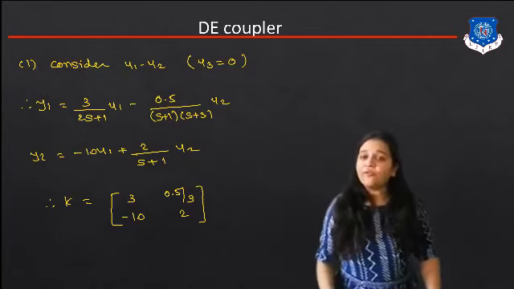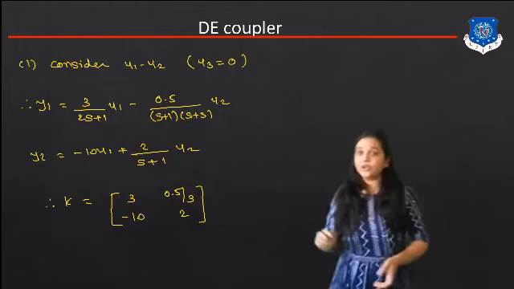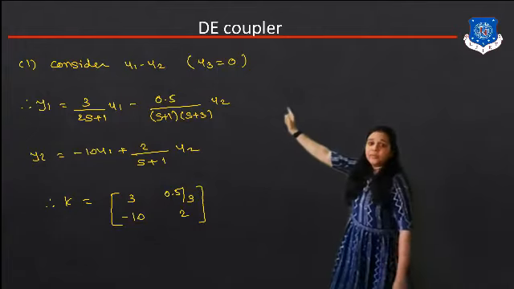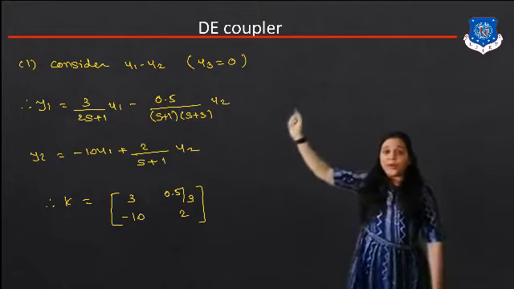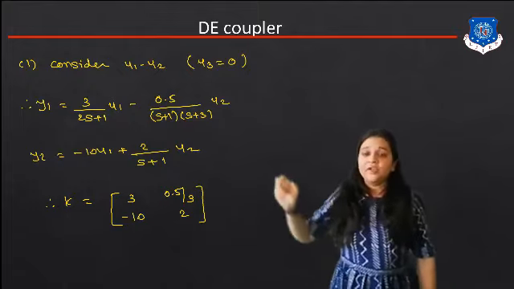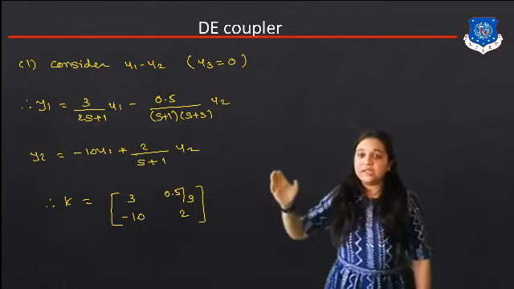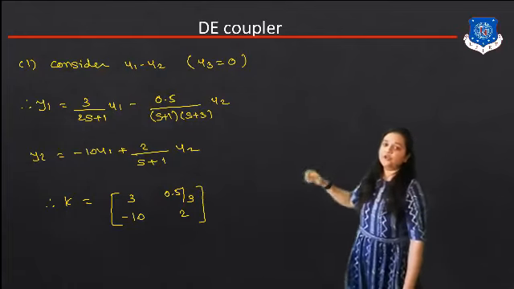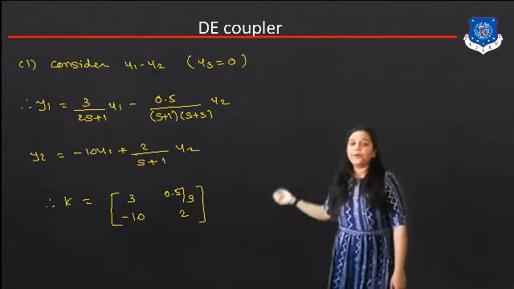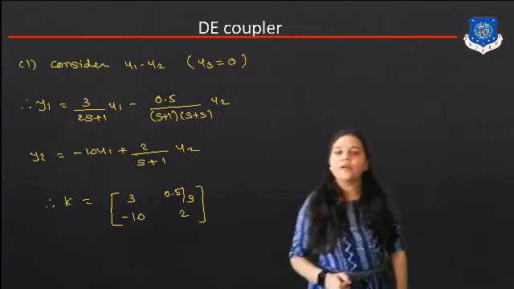If we have to find the K matrix, K is equal to the constant terms: 3, then 0.5 divided by 3 after simplifying the term (s plus 1)(s plus 3), then minus 10, and 2 upon s plus 1 gives 2.